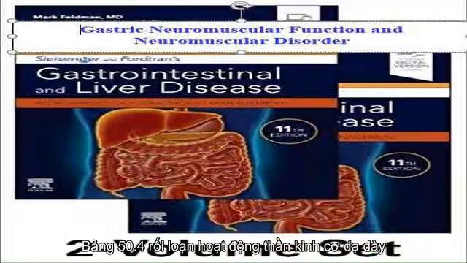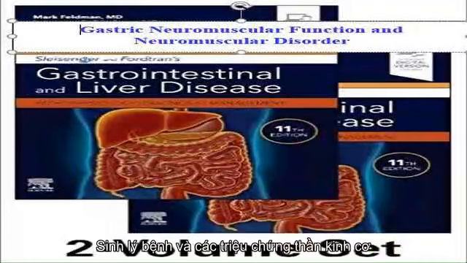Table 50.4 Disorders of gastric neuromuscular activity, physiology, pathophysiology, and symptoms.